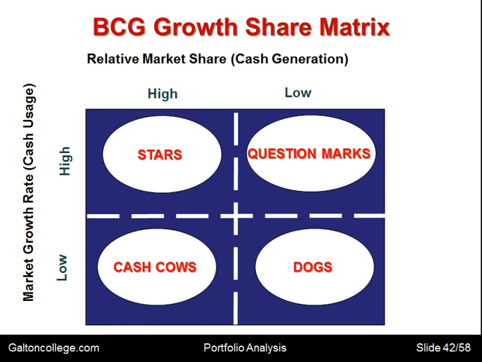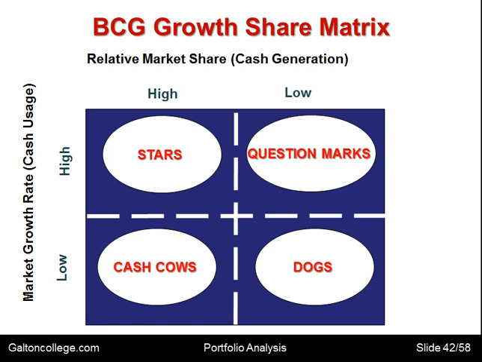And that's what it looks like. And this, as I said, has been dealt with in a separate video, but just to bring it back to mind here, since we're here, we have a look at what the various terms mean. So we have market growth rate on the vertical axis, cash usage if you like, with low and high, and relative market share, cash generation if you like, along the horizontal axis.